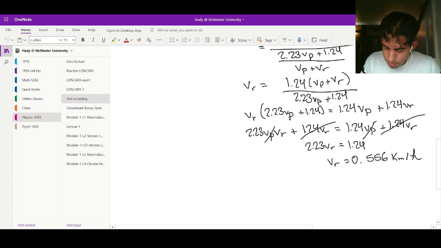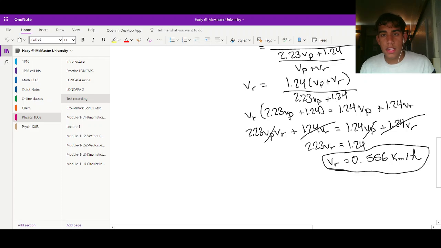So, back to our question: calculate the velocity of the river, and we let VR be the velocity of the river. So in this case, our answer would be 0.556 kilometers per hour.